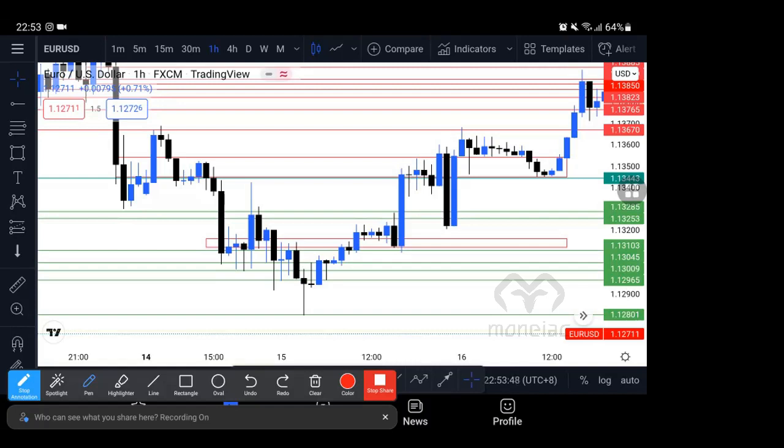So to take a trade when there is news, for me, let's say this is our current price. I'm not gonna take my trade right before news. I never do that.